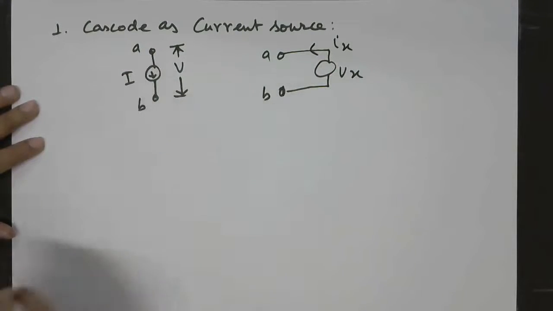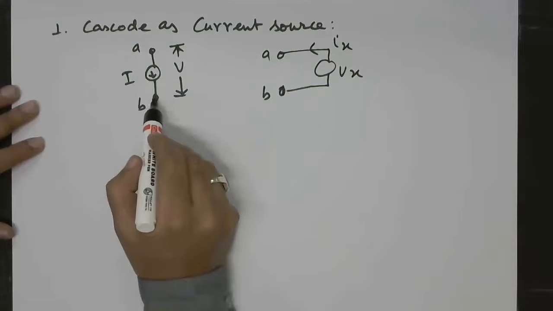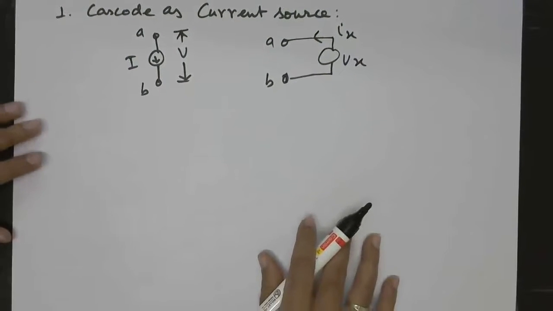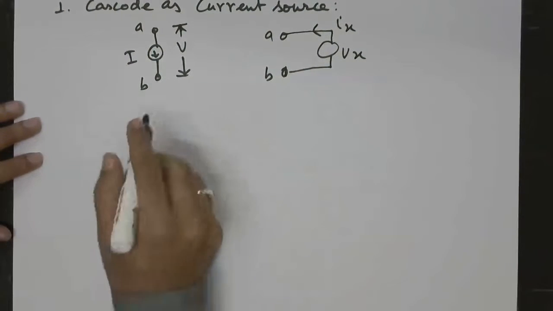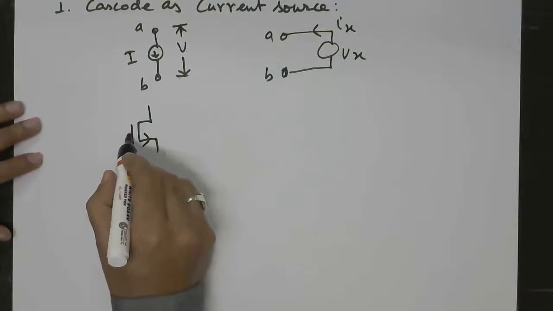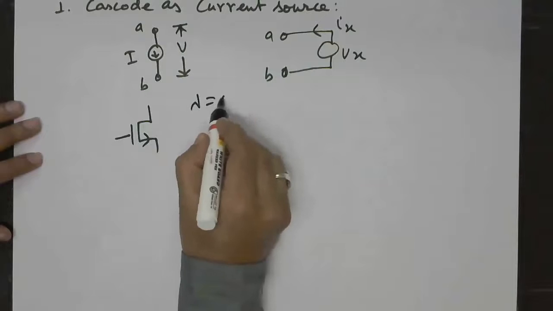So an ideal current source has infinite impedance across its terminals, and the current is independent of the voltage across the terminals. This condition is fulfilled if you have a MOS without channel length modulation.